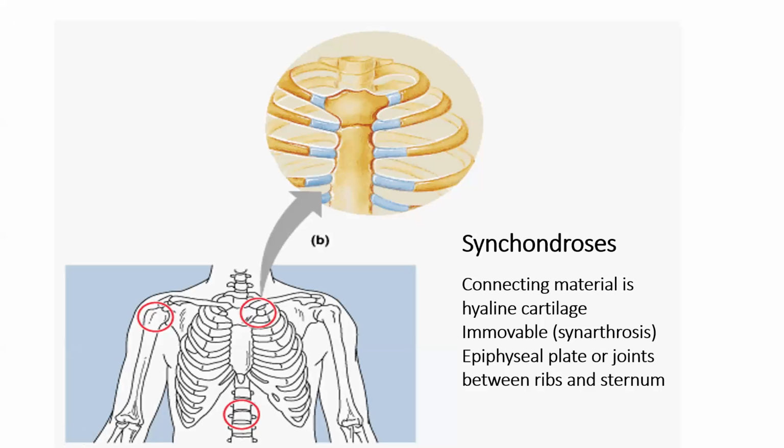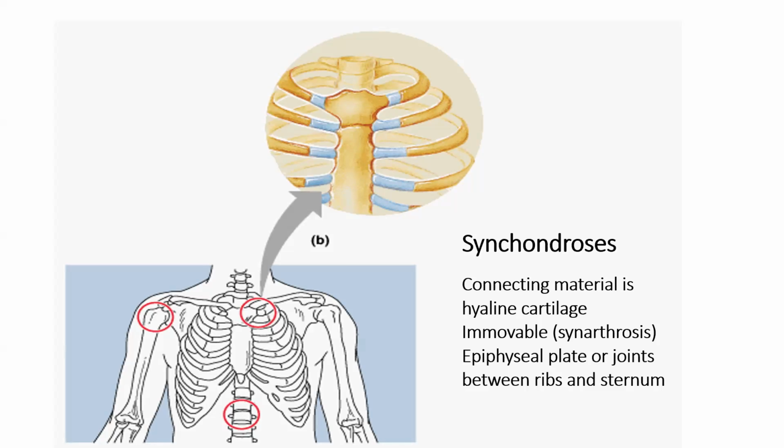We wrap this cartilage connecting the costosternal joint, the first one. We have the discs between the vertebrae, the fibrocartilage there.